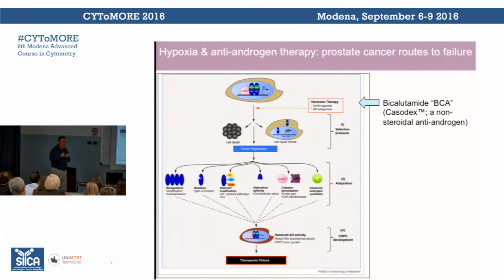Now, if that's producing hypoxia in potentially migratory and invasive cells, that's the problem, clearly, for later therapy. And in fact, for any therapy that targets proliferating cells, such as gemcitabine.